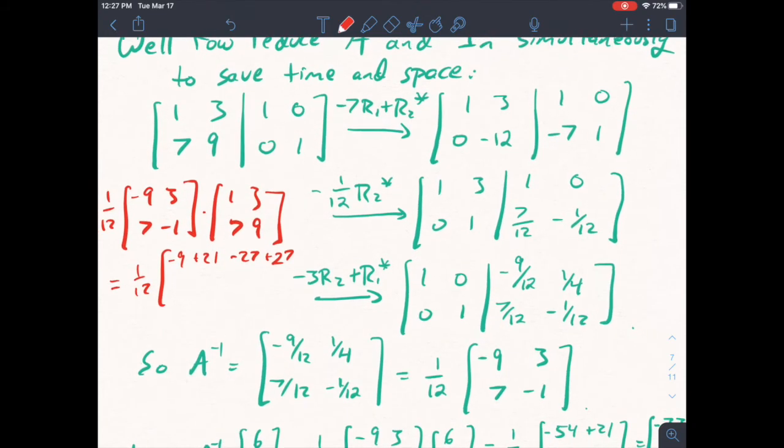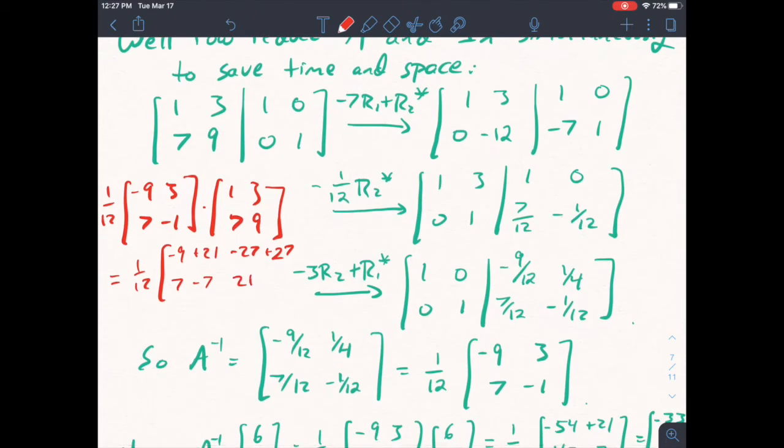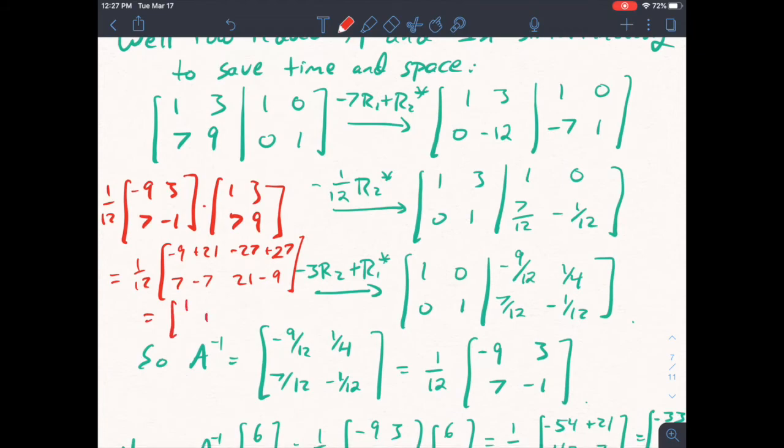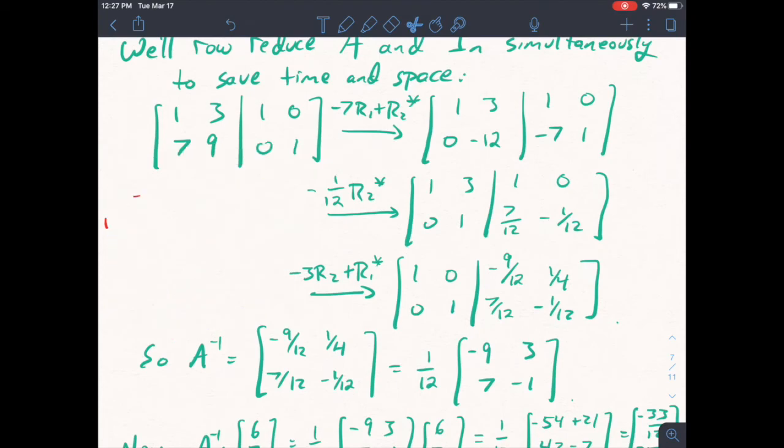Next one, I'll have a 7 plus negative 1 times 7. That'll be 0. And then I have 21 minus 9. So that's also going to be equal to 12. And so this is equal to our identity matrix. So perfect. Okay, let's get rid of that so it's not so clunky.